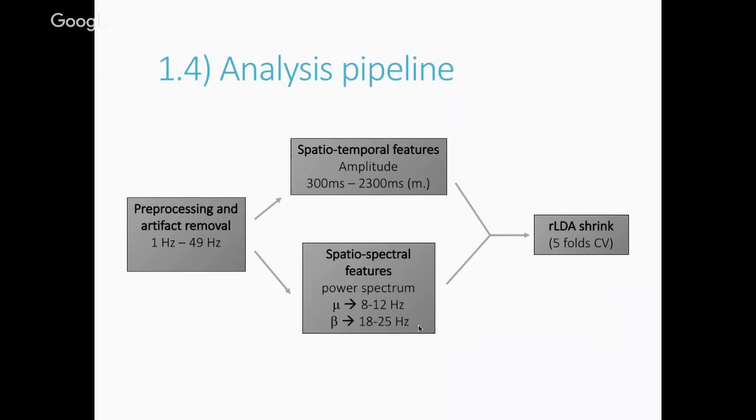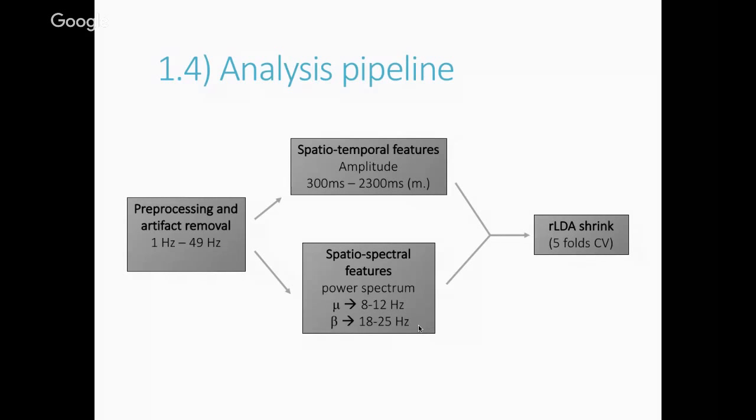Now, in terms of the analysis pipeline, many improvements can be done here, but what I decided to choose in the beginning relates to a preliminary, easy setup, I would say.